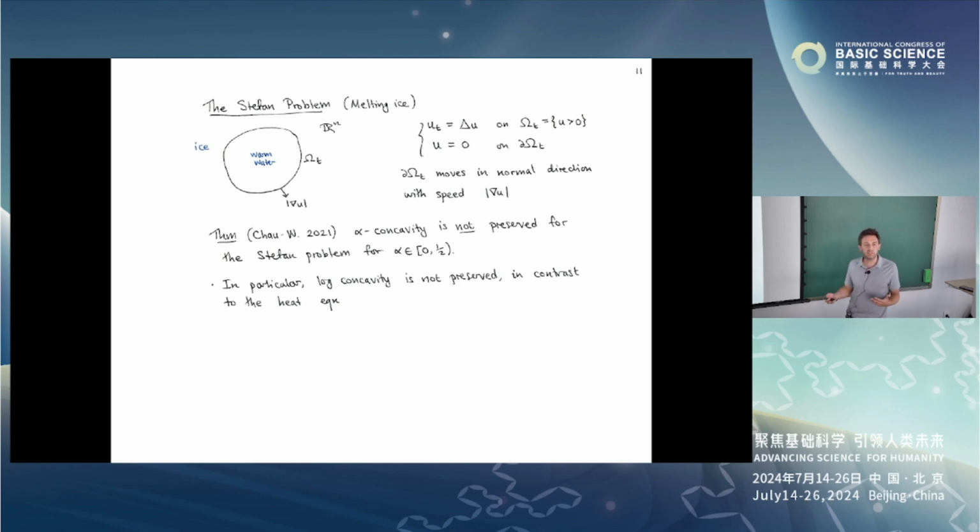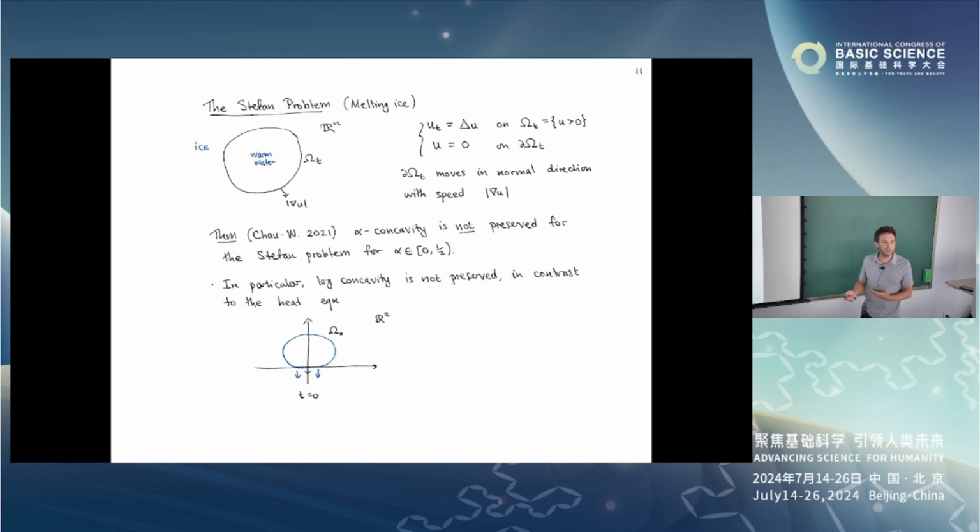Remember my first slide, I said that for the heat equation, log concavity is preserved on Rn. In fact, log concavity is preserved whenever you have a Dirichlet problem on a convex domain. So you have u is 0 on the boundary. It's also true that log concavity is preserved. What we see is that for the Stefan problem, that's not the case. And this is actually with some surprise.